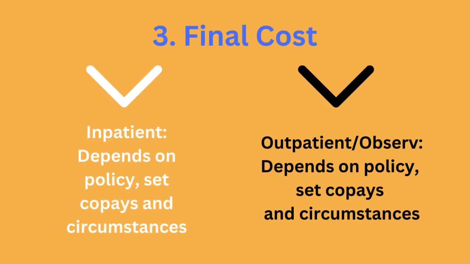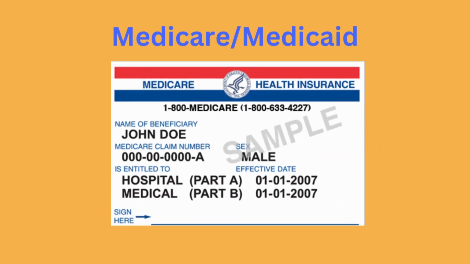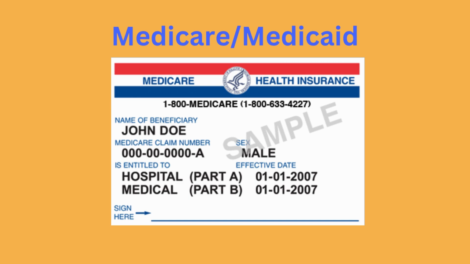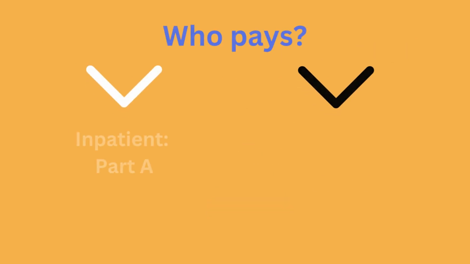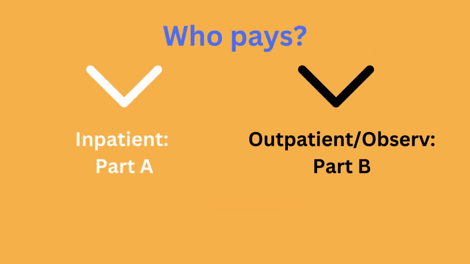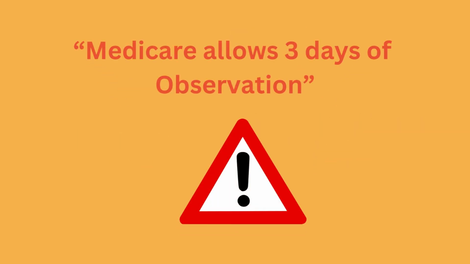If you have original Medicare, also called straight Medicare, services do not require pre-authorization to be inpatient or outpatient, but will be paid under different parts. Part A covers inpatient services, Part B covers outpatient and observation stays. Now, observation under Medicare can last up to 3 days, even if you are kept at the hospital the whole time, even sleeping in a bed.